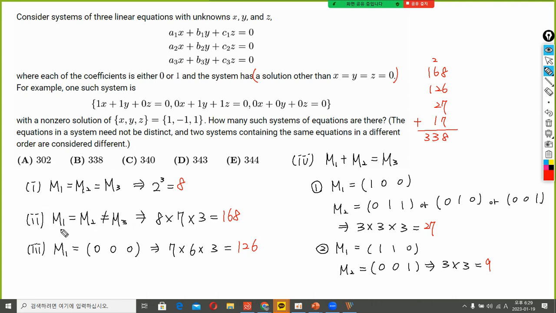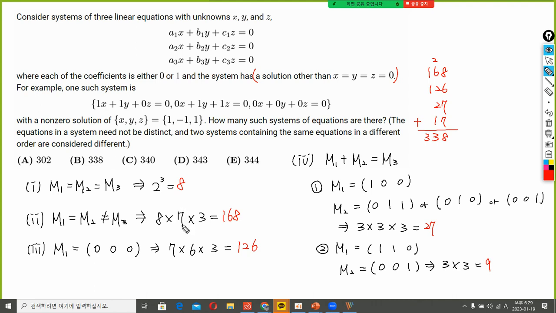So to have the same coefficient between M1 and M2, the choice for the first coefficient is 8, once again 8, but the second set of coefficients should be different from the first set, so that's why we subtract 1.